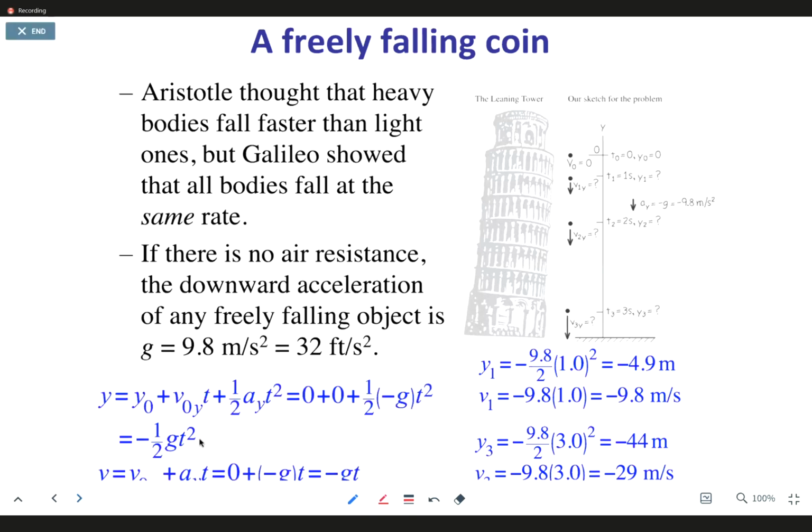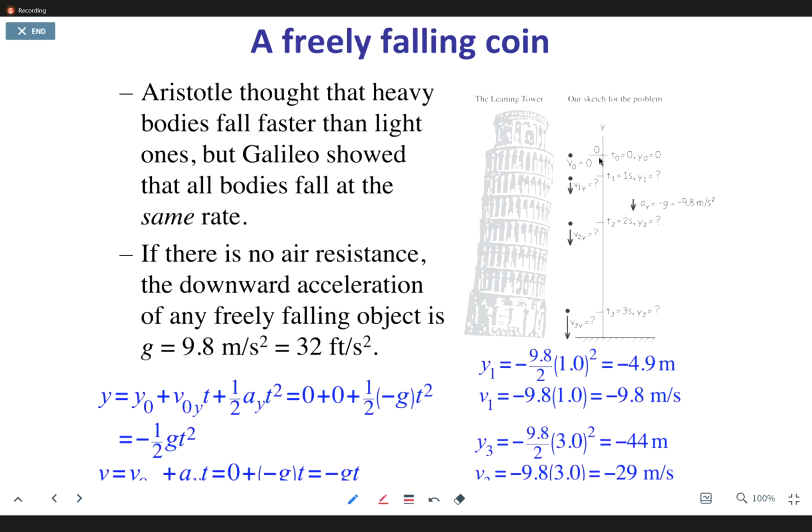But basically, what we see is that if we have our full kinematic equations, we have some sort of initial position, plus some sort of term that depends upon the initial velocity, plus this term that depends on how the object is accelerating. Which means that if we just drop the coin, the initial velocity is going to be 0.